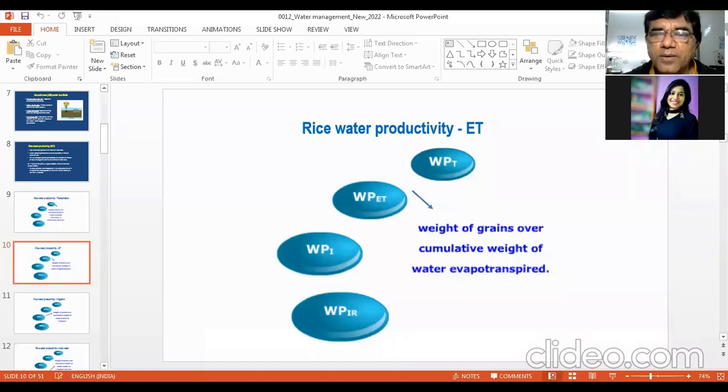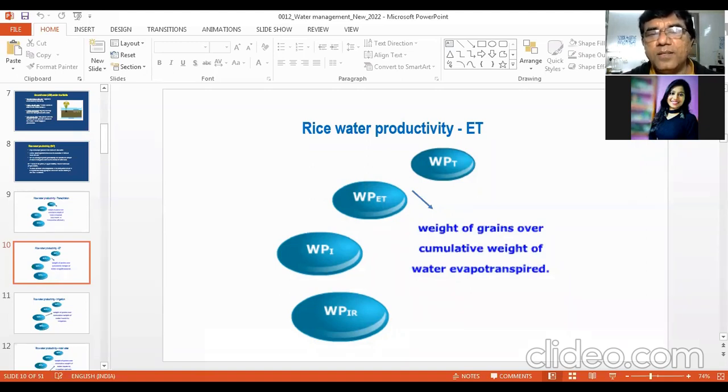So you can see here for clarity that water productivity is measured with respect to WPT, WPET, WPI. I is for irrigation water, water supplied through irrigation, and then WPIR, water supplied through irrigation plus R for rainfall.